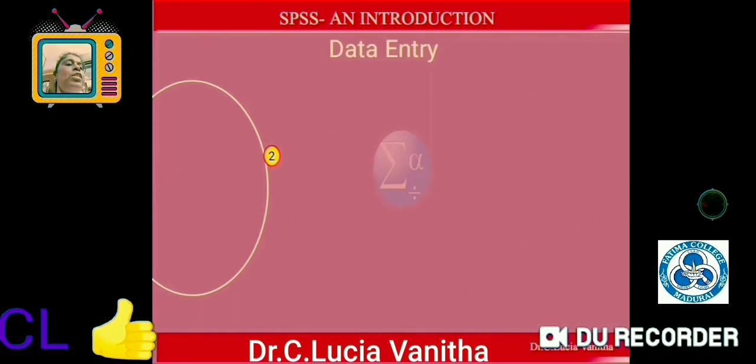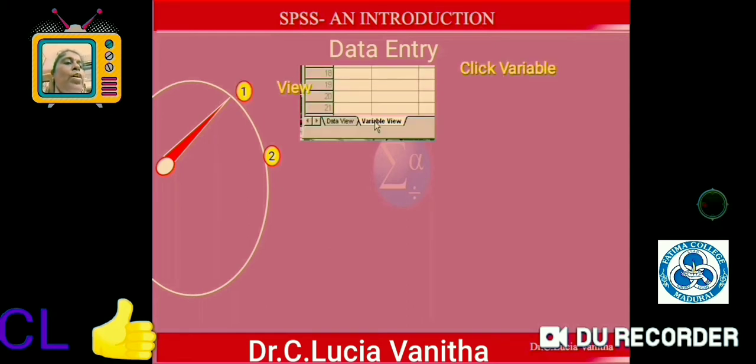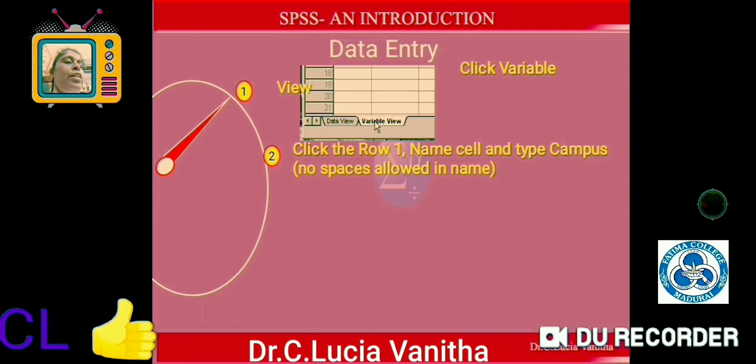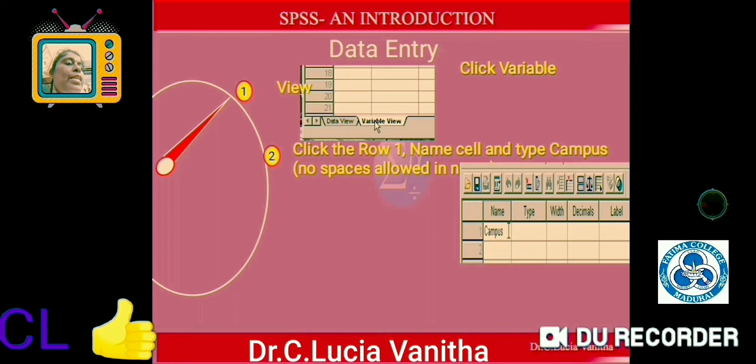Now we are going to see one more example. I will give the data entry. Now there will be toggling between the data view and the variable view, this is how we will be toggling. Now click the variable view. For example, campus: type the name campus without any gap.